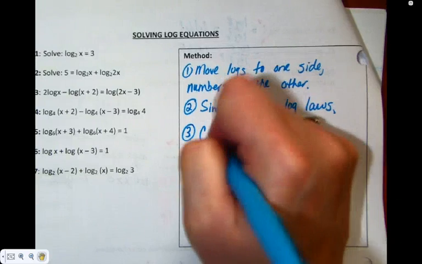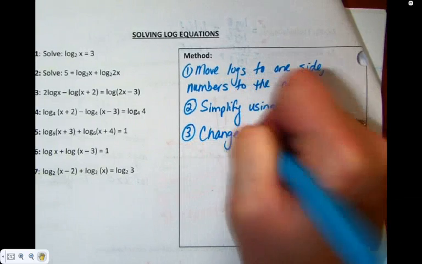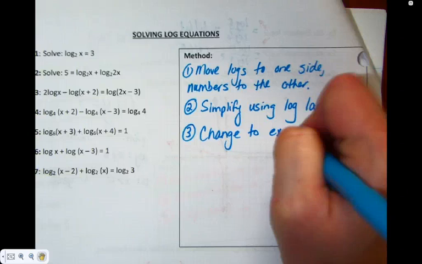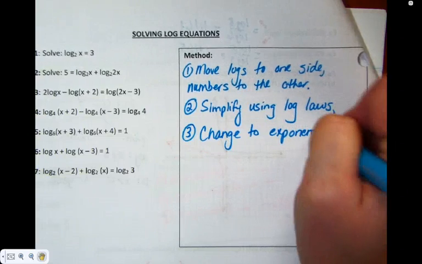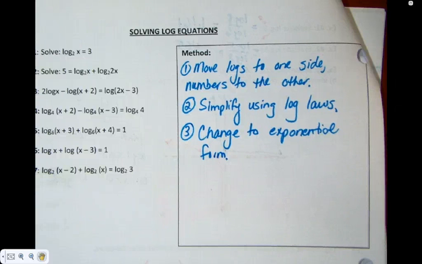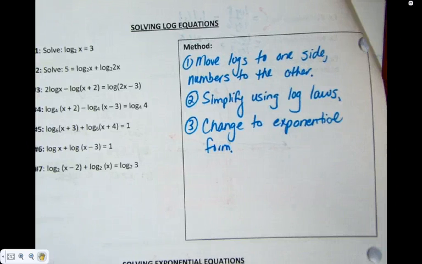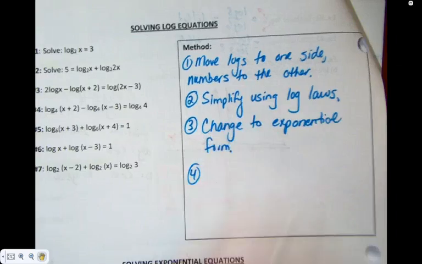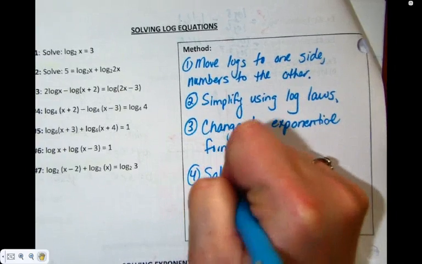Step three, change to exponential form. Number four, solve for x.